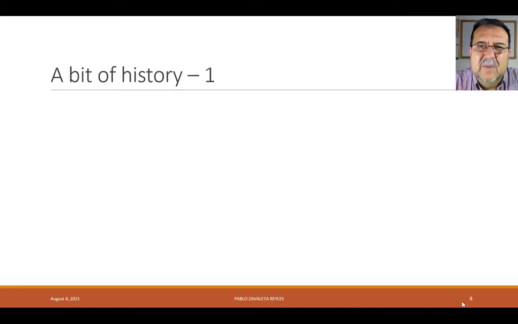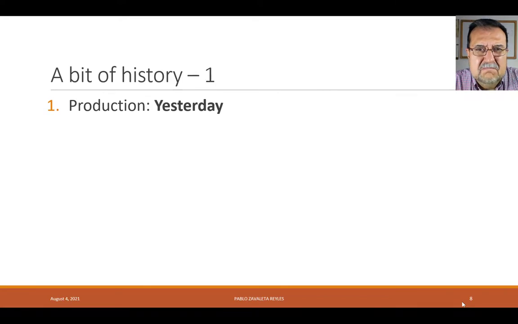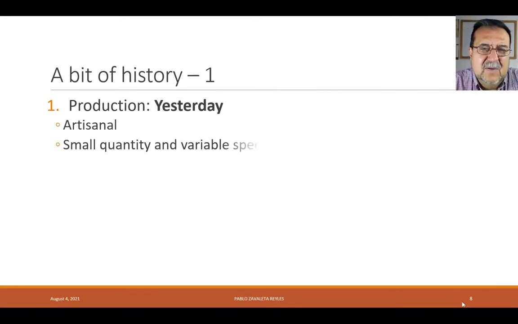So let's start with a little bit of history. Let's say that in the beginning, production was artisanal, with very small quantities and very variable specifications. Sometimes it came out nice, sometimes not so nice, but they were beginning to create things.